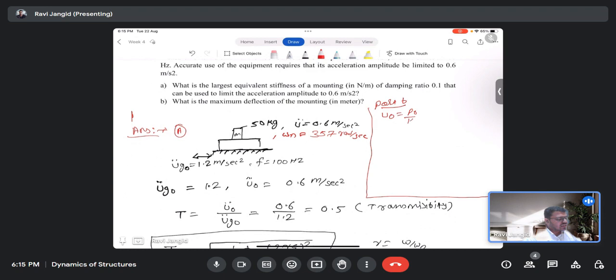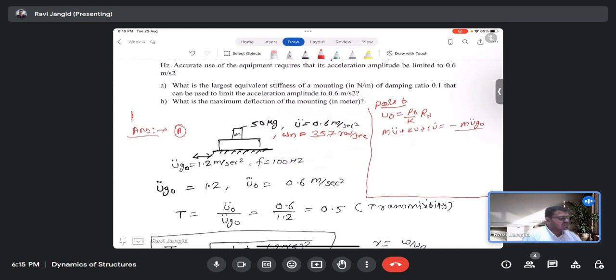the response of the system, u naught, is p naught by k into Rd. And what will be your p naught? If you remember your equation, m u double dot plus k u plus c u dot is equal to minus m u g double dot.